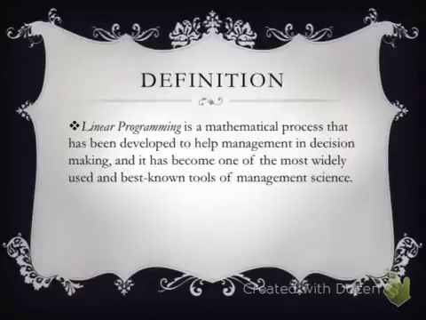So first of all, an actual definition. Linear programming is just a mathematical process that has been developed to help management make decisions. And it has become a fairly widely and well-known tool in management science.